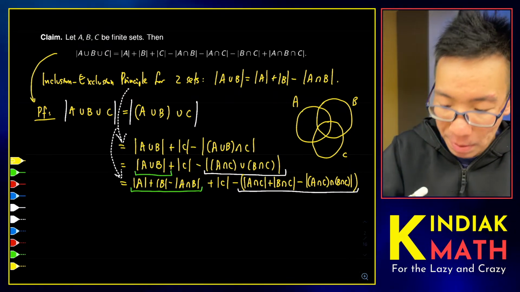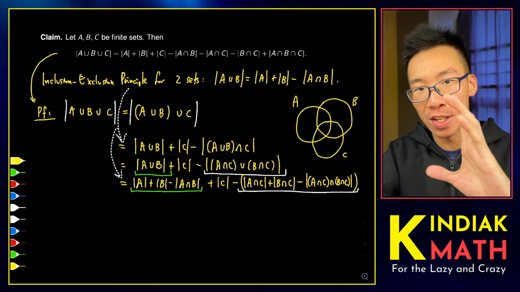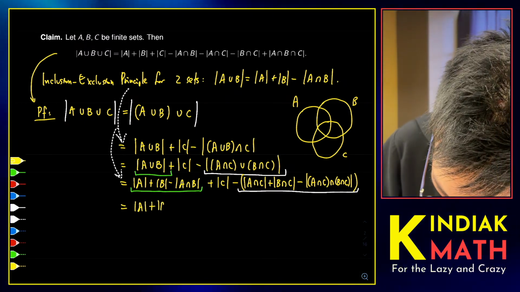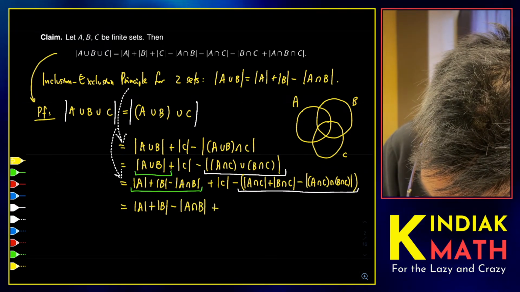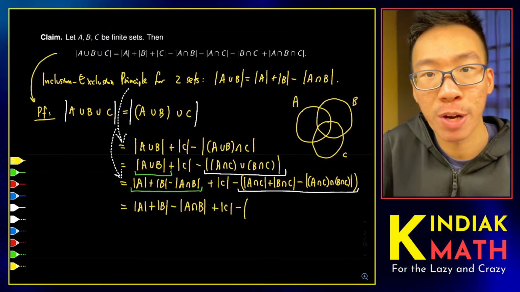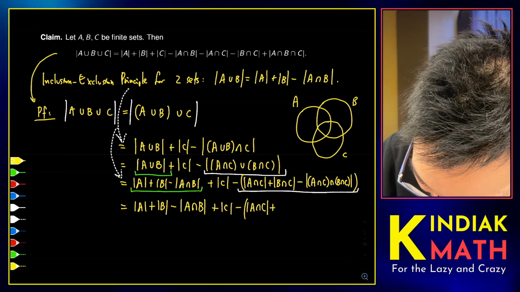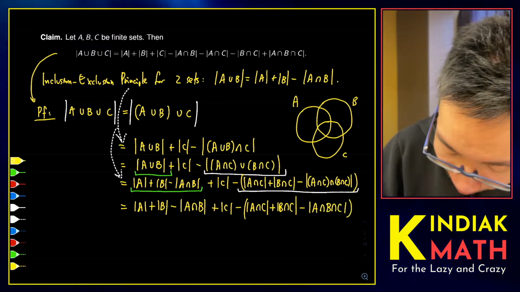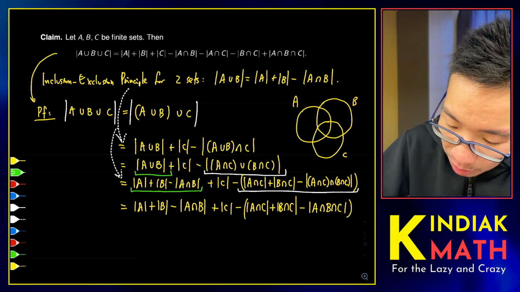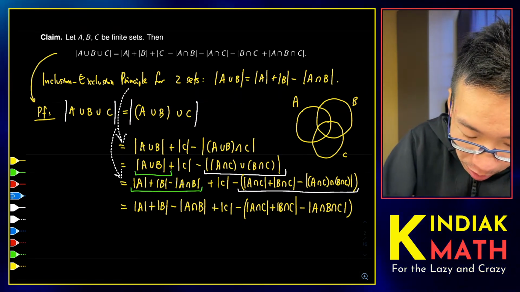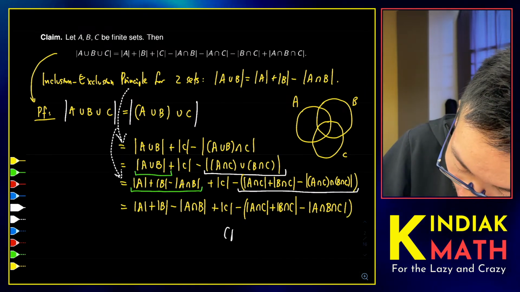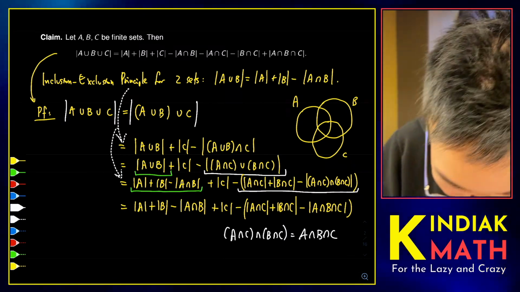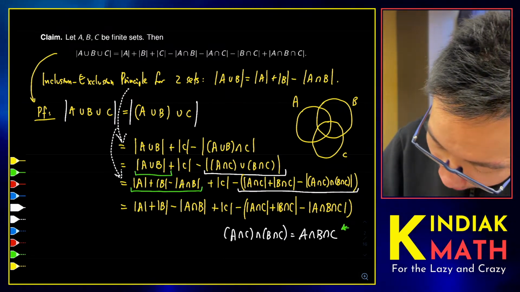We can clean up a bit on the inside, the white underlined stuff, and that will give us this expression. So this will be A intersect C, B intersect C, A intersect B intersect C. Now right here, you might need to do a quick check that A intersect C intersect B intersect C really does give A intersect B intersect C. You might want to do a quick check on that.